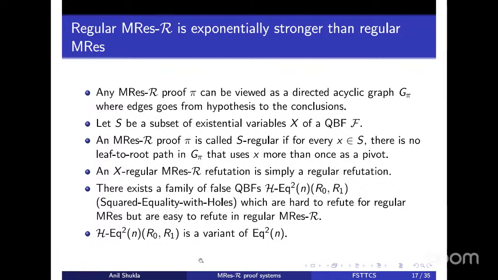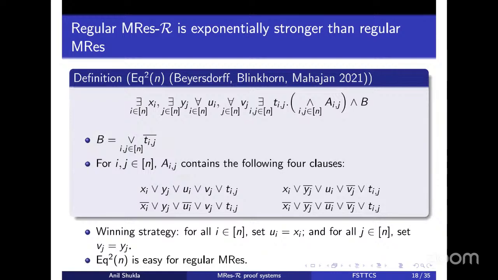For separation, we have used squared equality formulas. Let us define what squared equality formulas are. The equality formula we have already done. A squared equality formula is just a two-dimensional setting of the equality formula. Here I have two kinds of variables. The winning strategy is exactly that universal variable Ui plays as Xi and universal variable Vj plays as existential variable Yj.